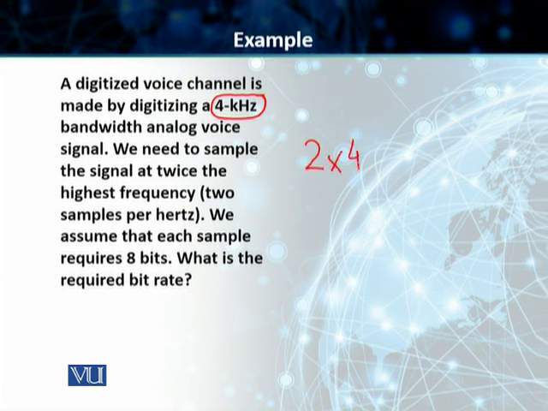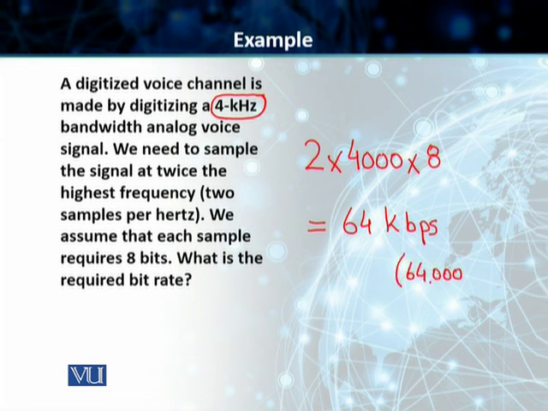Multiply by the bits that we require per sample, in this case 8, and this gives us a bit rate of 64 kilobits per second, or 64,000 bits per second. Students, a digitized voice channel has a bit rate of 64 kilobits per second.